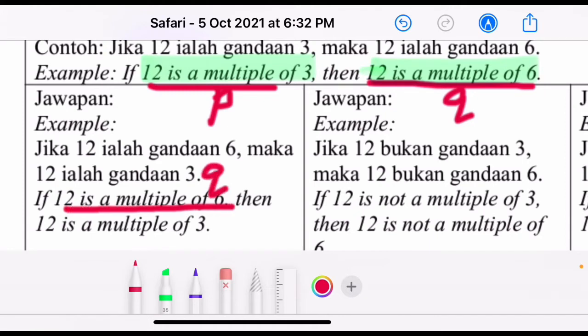And then you have to use if and then, and then we use P: 12 is a multiple of 3. If Q then P. This is the so-called converse. Make sure the keywords if and then are there. That is converse: if P then Q, if Q then P.